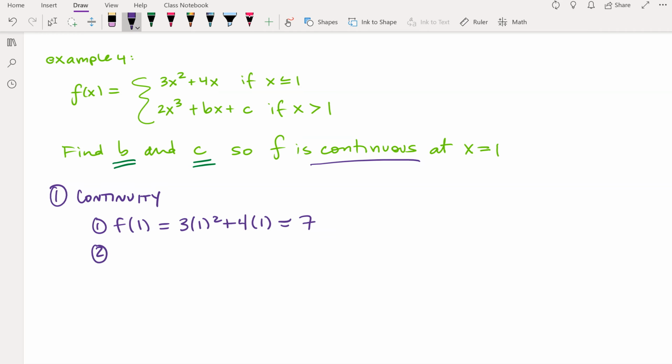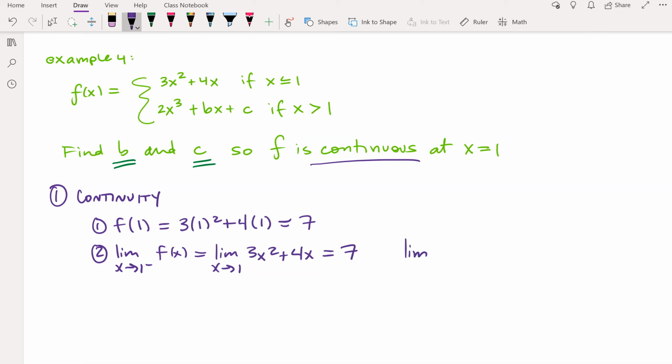Step 2 for continuity. The limit as x approaches 1 from the left of f of x equals, I'm going to plug into the left piece. So we have the limit as x approaches 1 of 3x squared plus 4x, which equals, we already found that, 7.